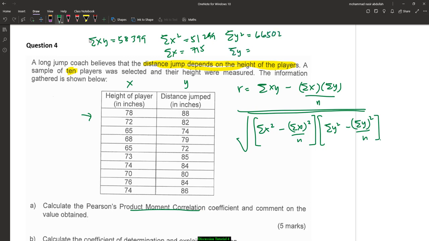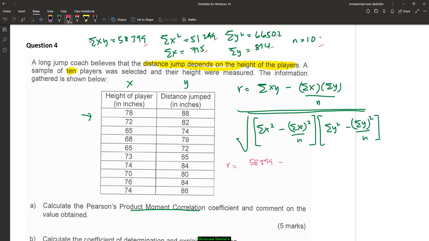Summation of Y will be 814 and N will be 10. So each of the statements dekat sini consists of half marks. And then you need to input the value into the calculator and into the formula, right? Plug in the value into the formula. So just letak value dalam formula.